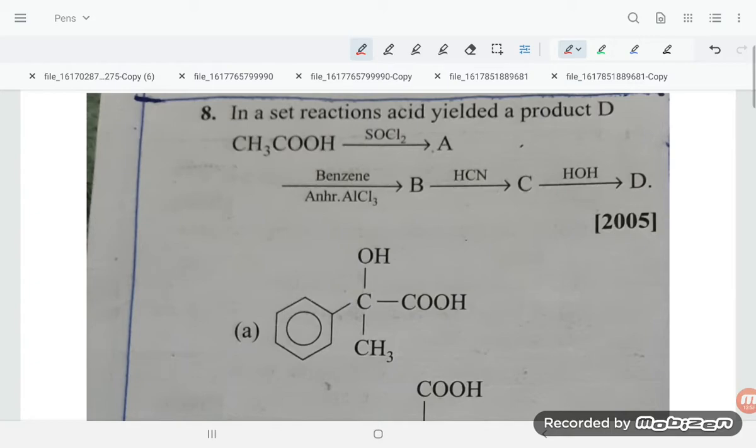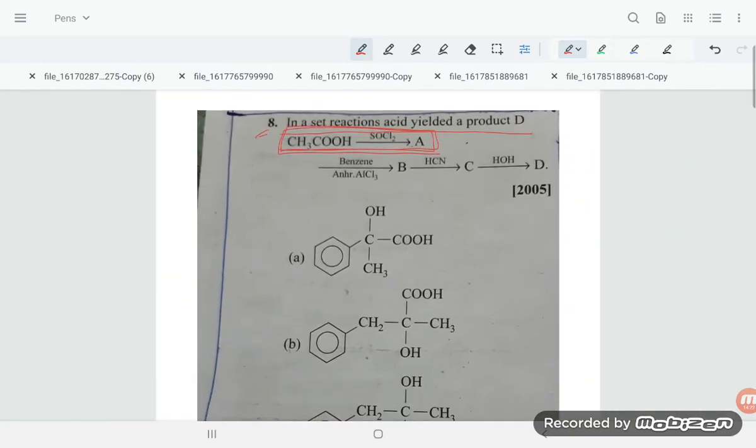Now students, let us see problem number 8. In a set of reactions, acid yielded a product D. We are reacting acetic acid with thionyl chloride, so acid chloride will be formed. Let us write down the reactions here.